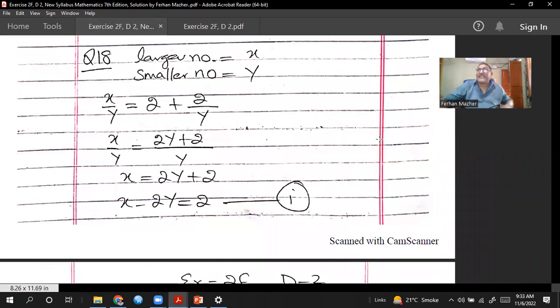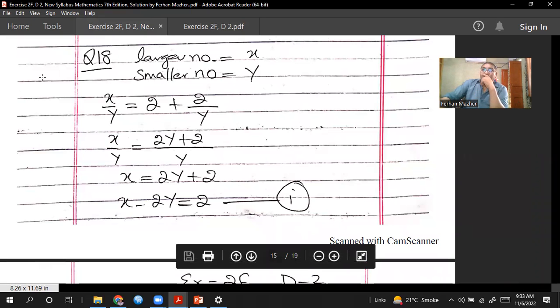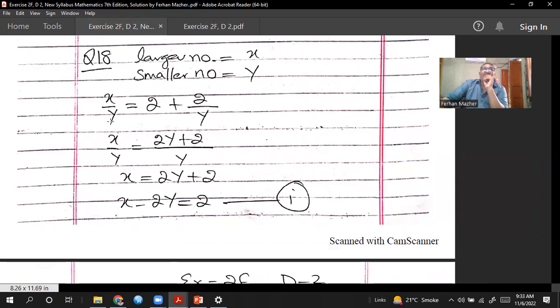Written as an equation, x is the dividend, y is the divisor, and we have quotient plus remainder over divisor: x/y = 2 + 2/y. It's very important: quotient plus remainder, and under the remainder, you always write the divisor.